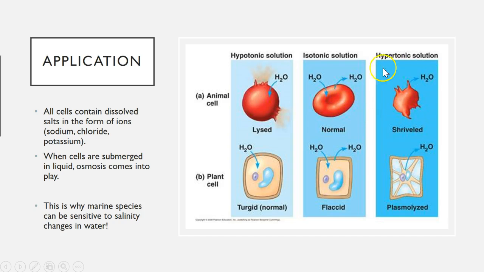And then a hypertonic solution would be a super salty solution on the outside, meaning that the high water potential inside the cell would have the water move from inside the cell to outside the cell, and therefore the cell would shrivel up. This movement of water is why marine species are sensitive to changes in salinity of the water.